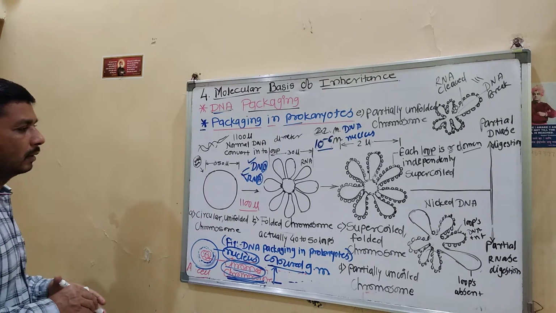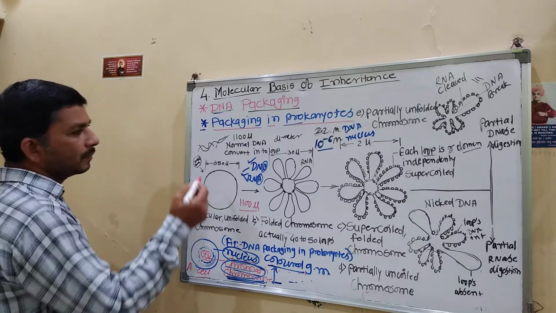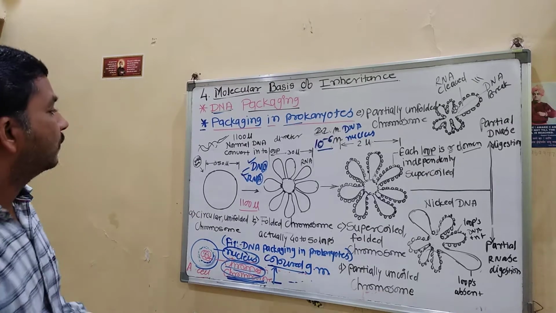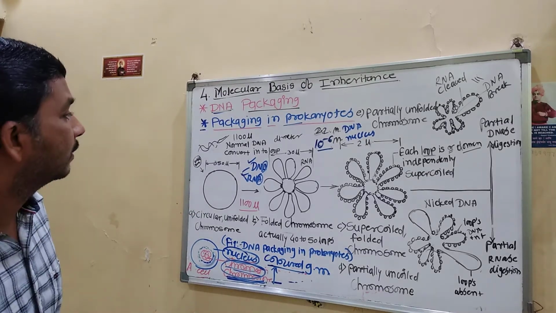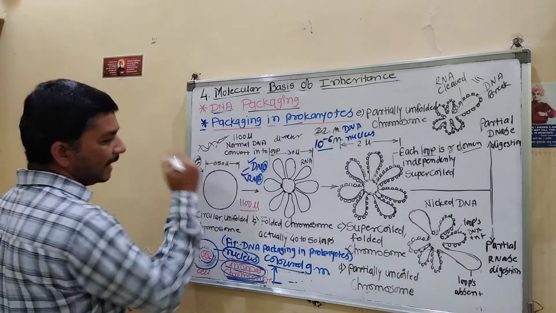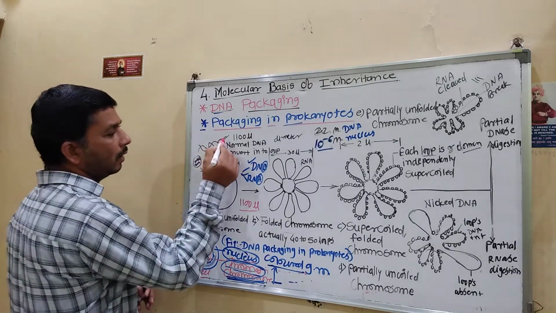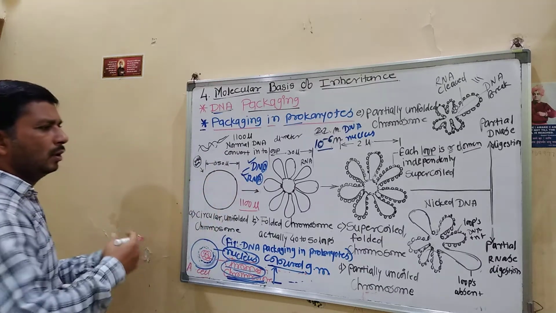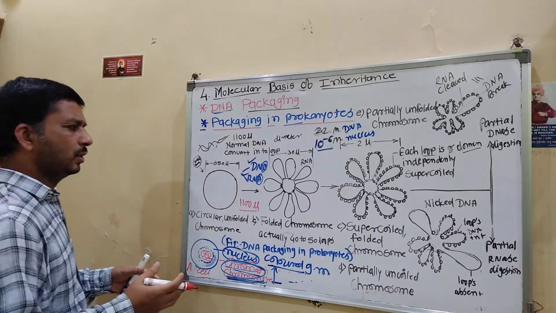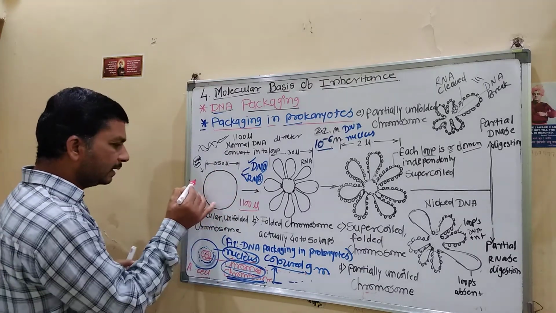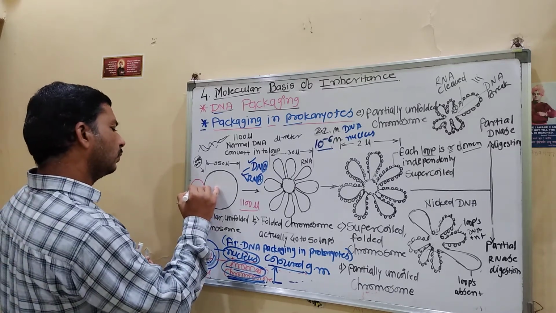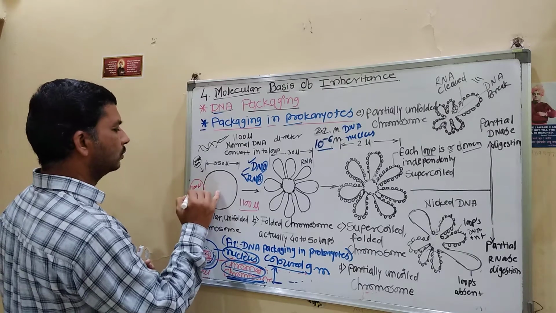Here, if our DNA is inside the prokaryotic cell, our DNA is present like this. Normal DNA is a long or circular structure, and that DNA has 100 micron.